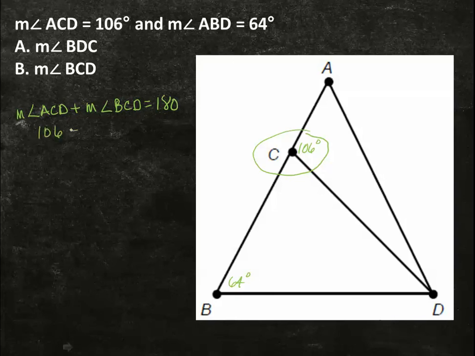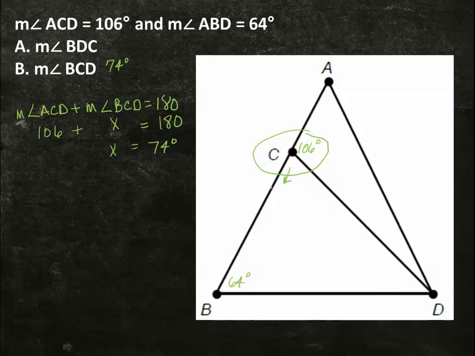So I got 106 plus X, and you know what? If you'll notice, I'm answering part B first. You answer them in whatever order is easier for you. I always go, when I'm solving, to me these are big puzzles, and I solve whichever part of the puzzle looks easiest first. So 74 degrees.